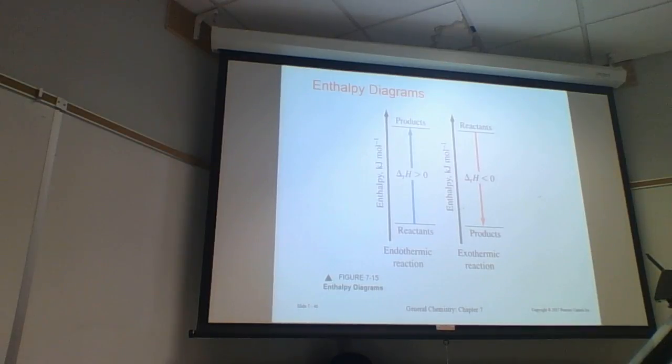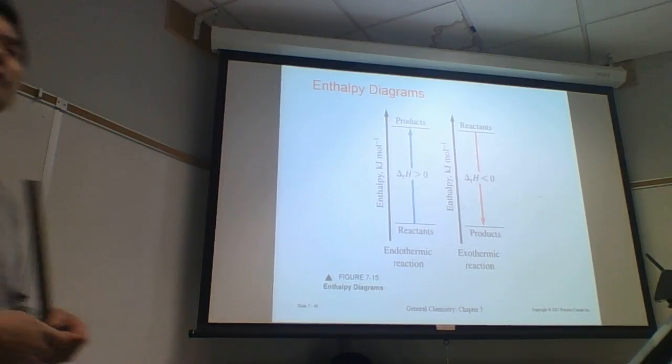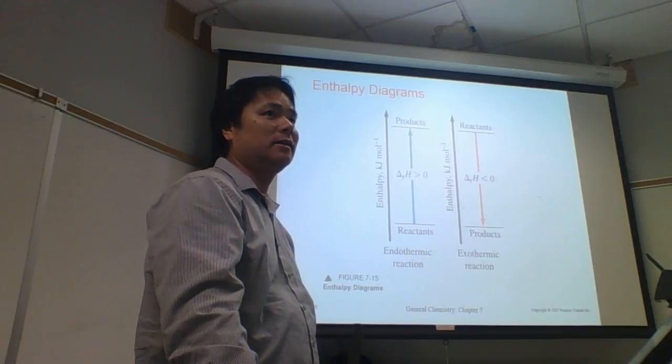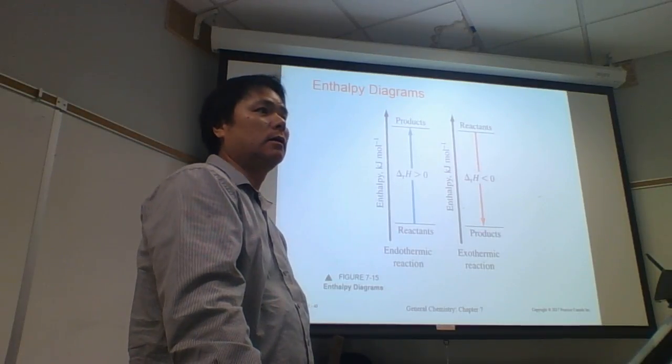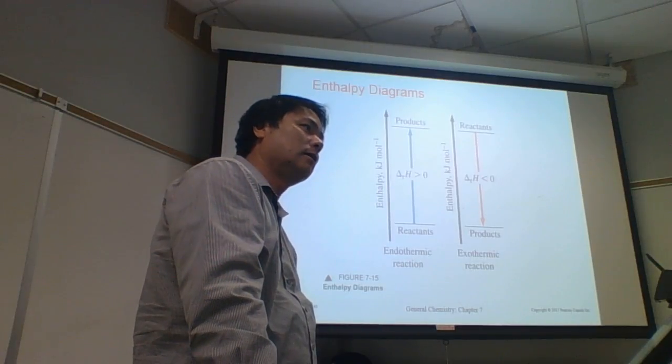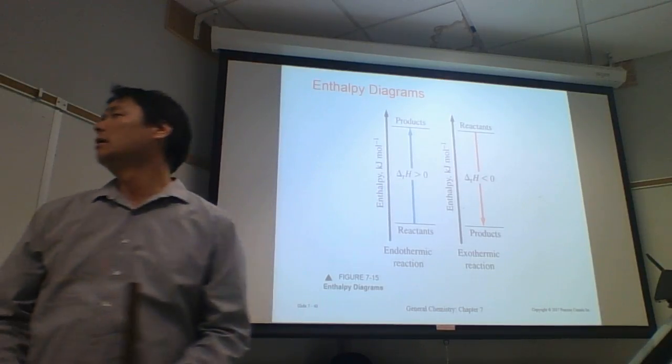Delta H is equal to H final minus H initial. What is H? What is enthalpy? Enthalpy is increasing on the y-axis. What the heck is increasing? And so tell me what enthalpy is. Internal energy and not P delta V, PV.